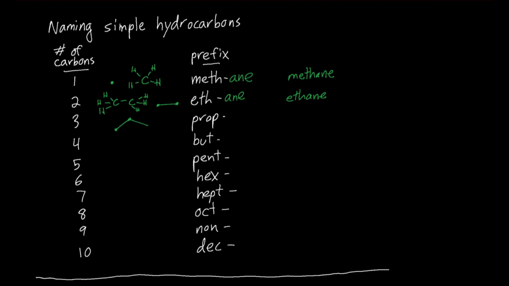Carbon, carbon, carbon, 3 carbons, 2 carbons, 1 carbon. Propane. Butane, 1, 2, 3, 4 carbons. Butane. Pentane, 5 carbons. 1, 2, 3, 4, 5. Pentane.